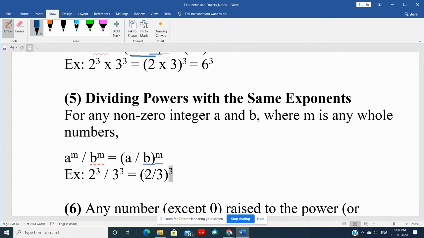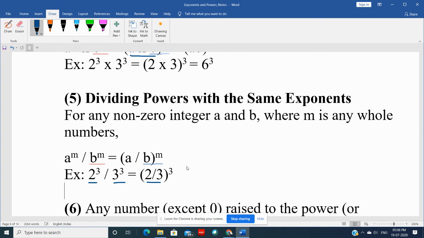So what you have to do is a divided by b whole raised to m, because the relationship between these two is the same. But you don't have to write it separately. You can just write it once. Similarly, 2 cube divided by 3 cube. Why do you have to write cube two times? Instead, you will just write 2 divided by 3 whole cube, that is only one time. It's very simple, guys.